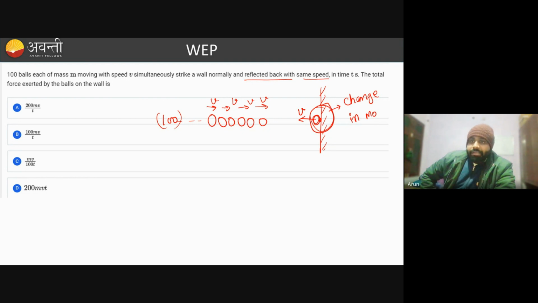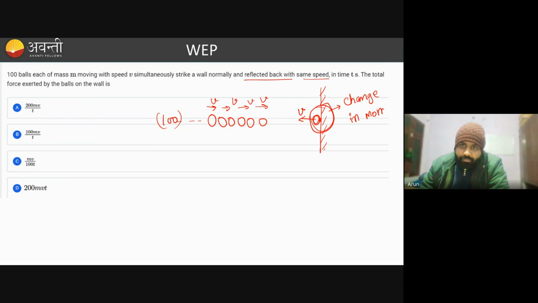And if the momentum is changing with respect to time, then by Newton's second law, the external or applied force equals change in momentum per unit change in time. So there must be a force applied to the wall by these balls.